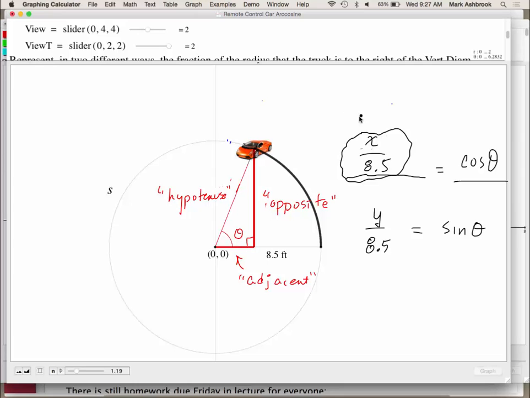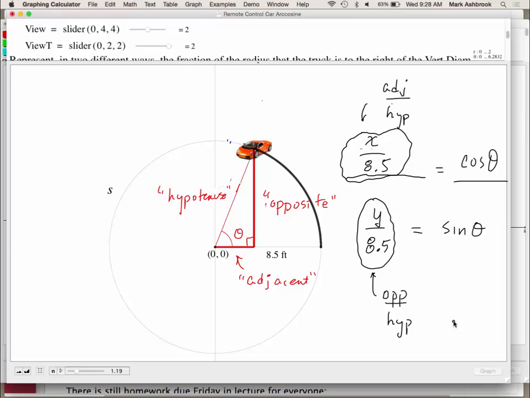So we're going to get adjacent over hypotenuse. And this one that gives us the fraction of the radius that we are up above the vertical diameter is that distance over the radius, opposite over hypotenuse.